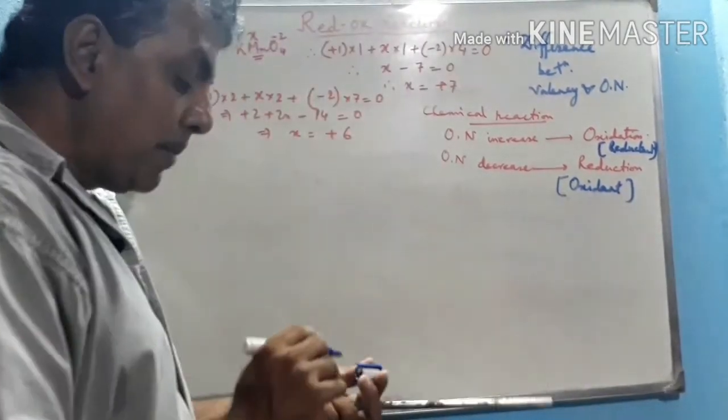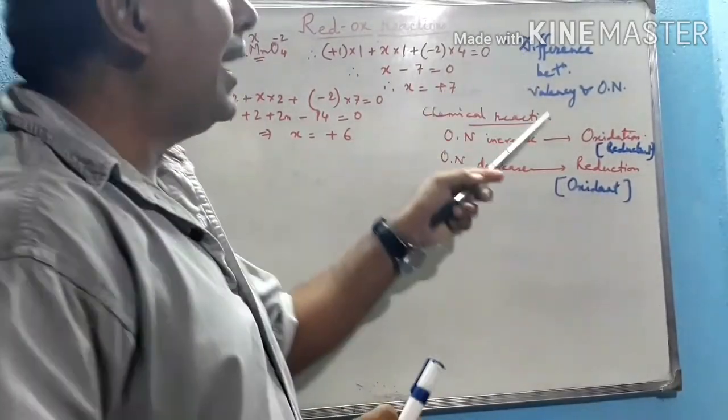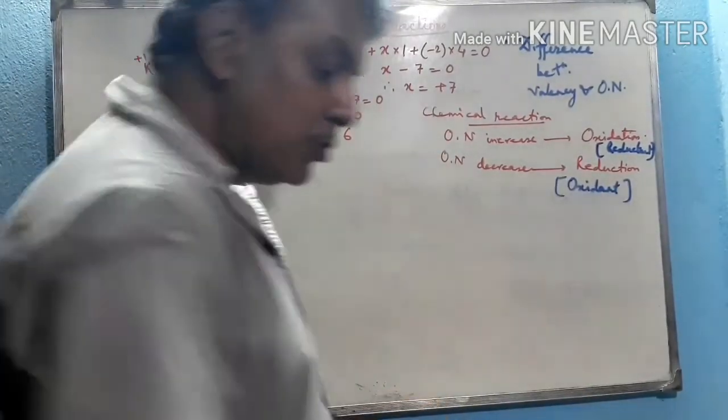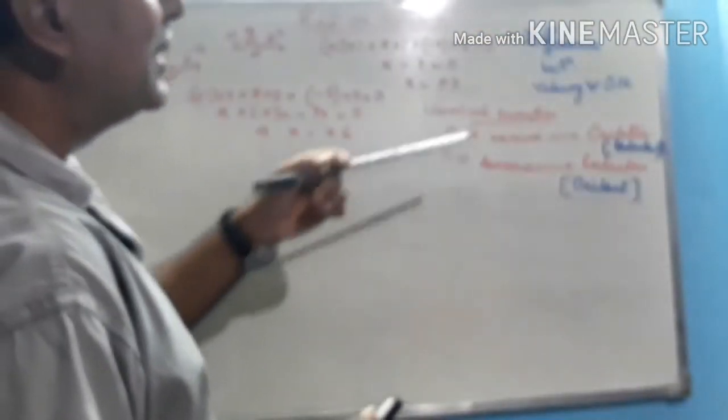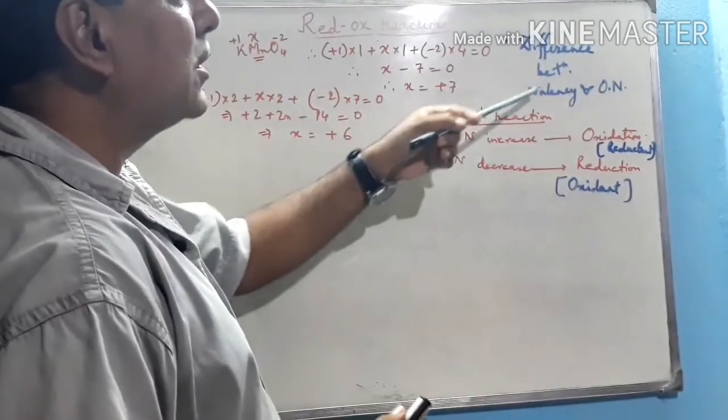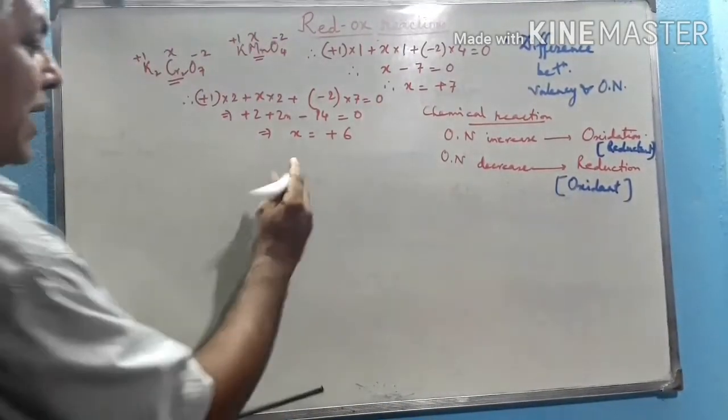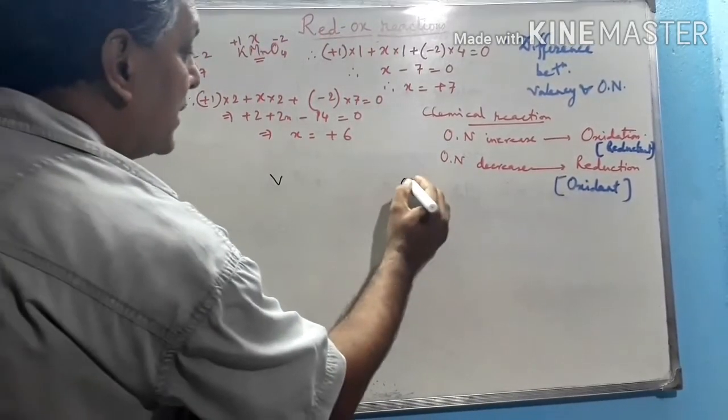Now what is the basic difference between valency and oxidation number? There are so many students who make difficulties or mistakes in the identification of valency and oxidation number. First, valency, and this is the oxidation number.